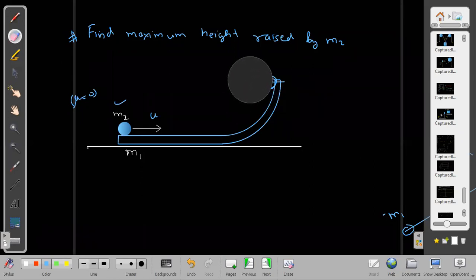If it has some horizontal velocity at that instant, let us call it Vx, then this will also have the same horizontal velocity Vx, but additionally, it will have some vertical velocity Vy also.